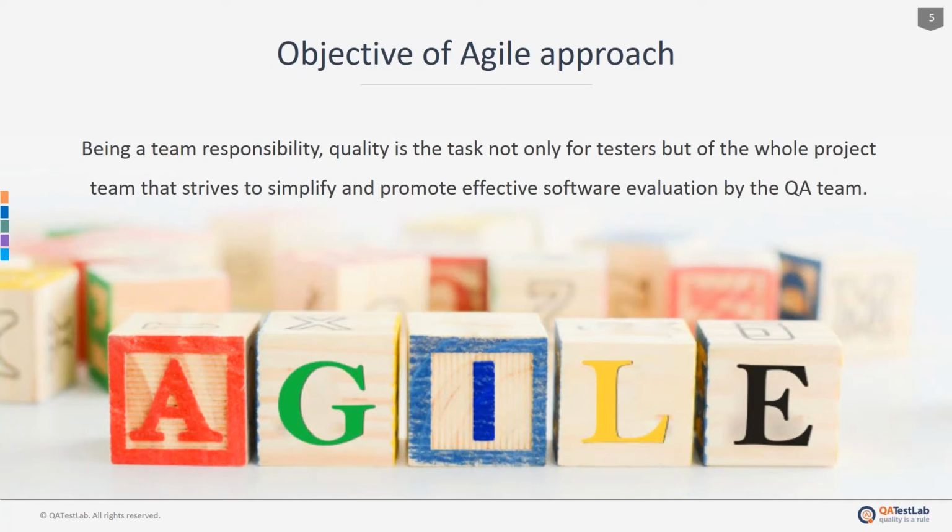Objective of the Agile approach: QA is not the gatekeeper of the quality of the product. This is a team responsibility. However, we as QA testers have an additional responsibility, that of being watchful and proactive to ensure the quality of the product remains a team responsibility.